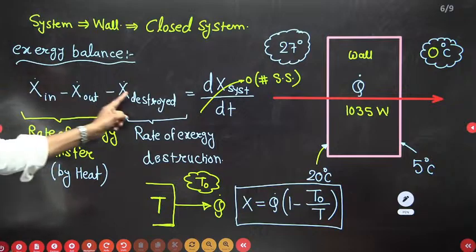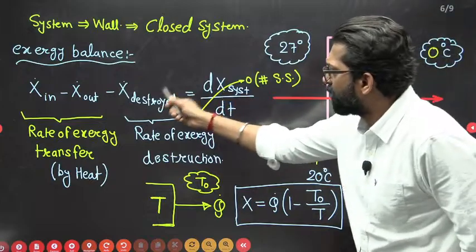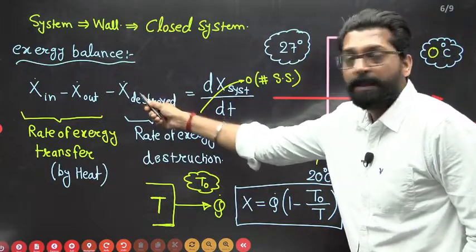Now my dear, there is exergy destroyed. For the wall, if you take exergy destroyed, what is our equation?